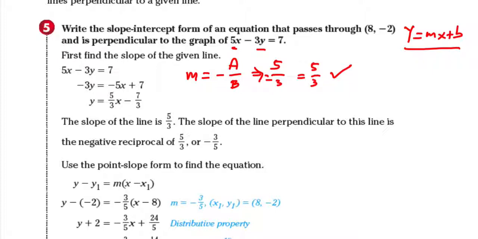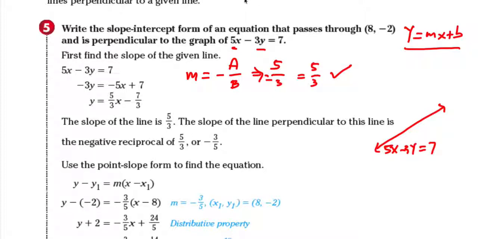So if you want to visualize what we are trying to find out, let's say this is 5x minus 3y equals 7.